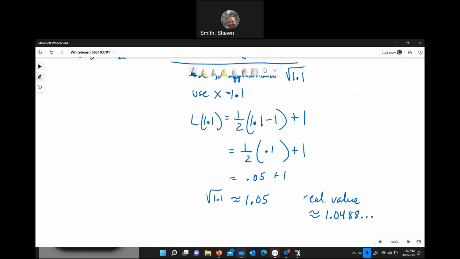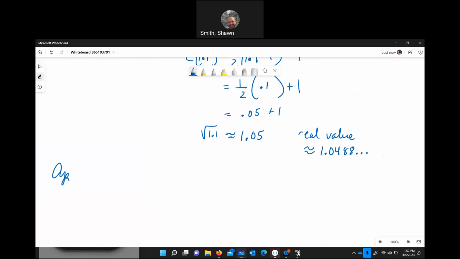All right, so let's look at this, approximate the square root of 0.9. You're only off by 1/10, right?